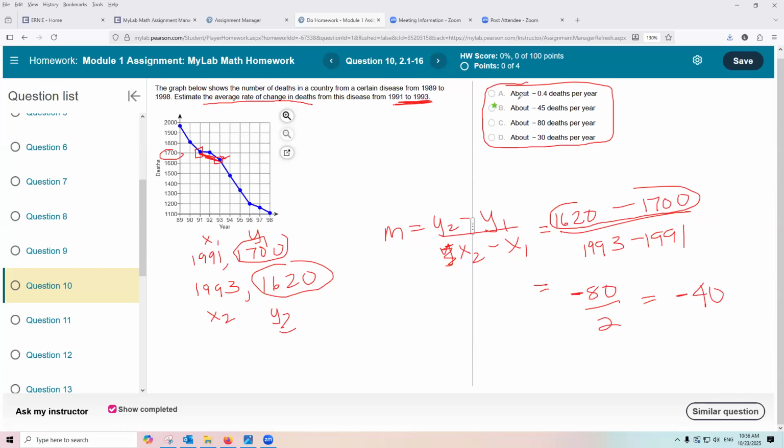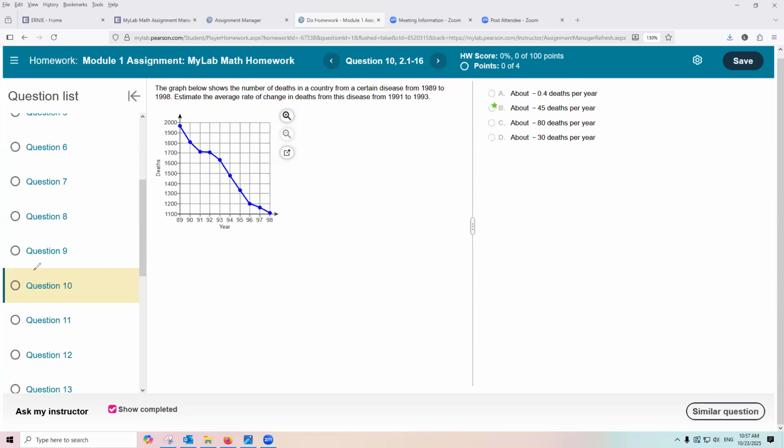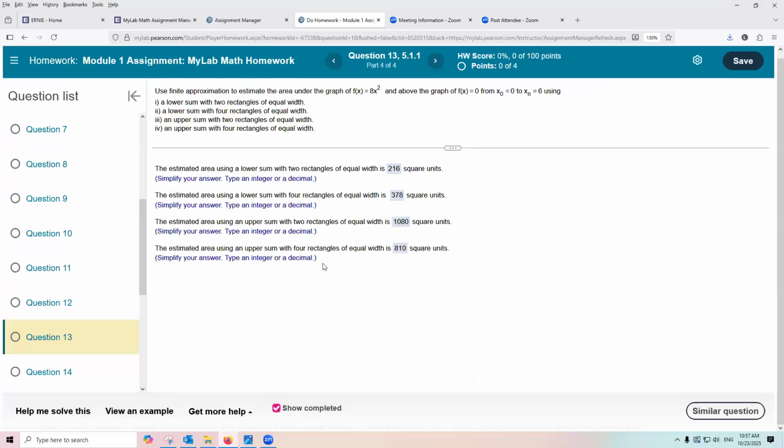Well, the closest answer is negative 45, right? So remember they said estimate the average here. So again, this is finding a slope calculation of the straight line connecting the 2 points on the graph that were specified. All right, let me do one that's a little different. Let me come here to number 13.